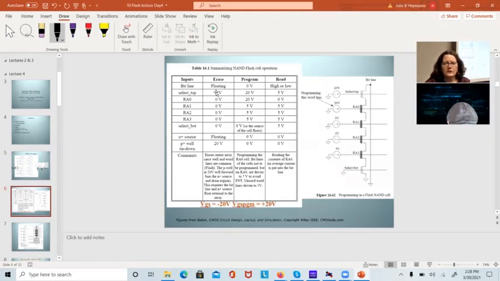Okay, so two different things I want to do here. If I want to erase, basically what this whole table says is that VGS is at -20 volts. I put a negative voltage between the gate and the substrate, and that's not VGS, it's V gate-substrate.